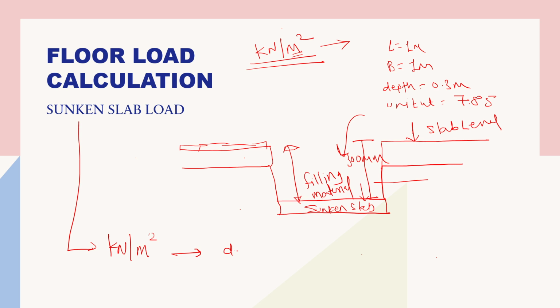We multiply depth by unit weight: 0.3 multiplied by 7.85 is 2.35 kilonewton per meter square.